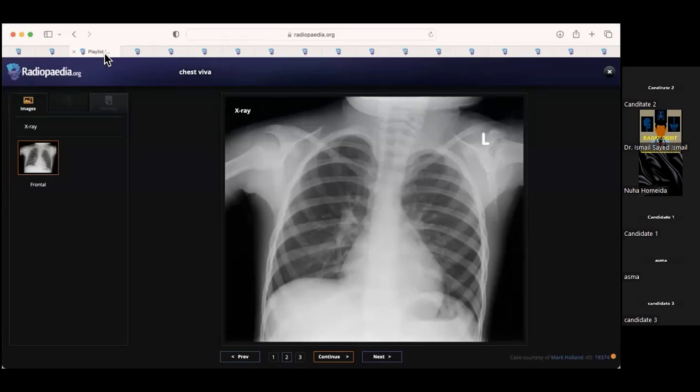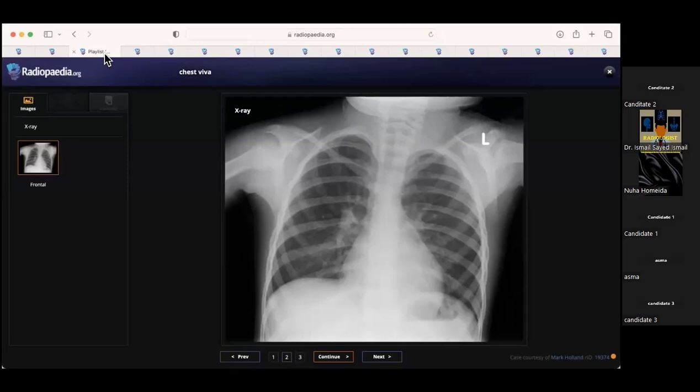I'm checking the bone for any bony abnormalities. No gross bony abnormalities. I'm checking if there are any associated soft tissue lesions. I could not appreciate any gross abnormalities.